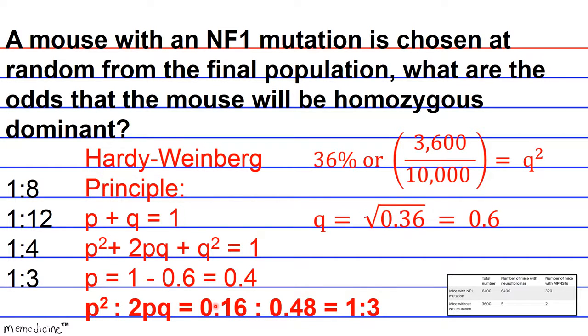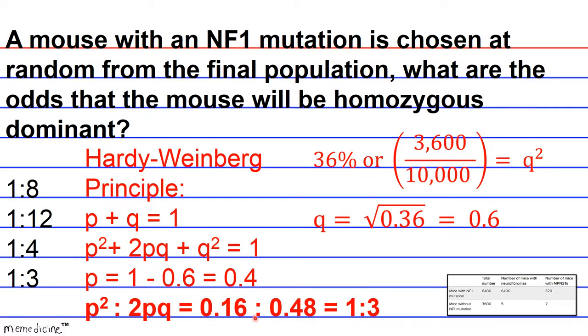So, because we found p, the p squared value is just going to be 0.16, okay? And because we now know the value of p is 0.4 and the value of q is 0.6, we can figure out 2pq. So that's going to be 0.48.